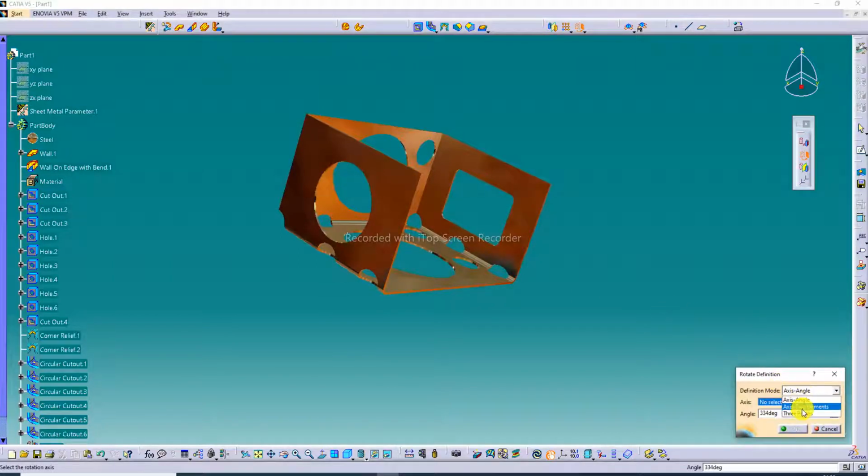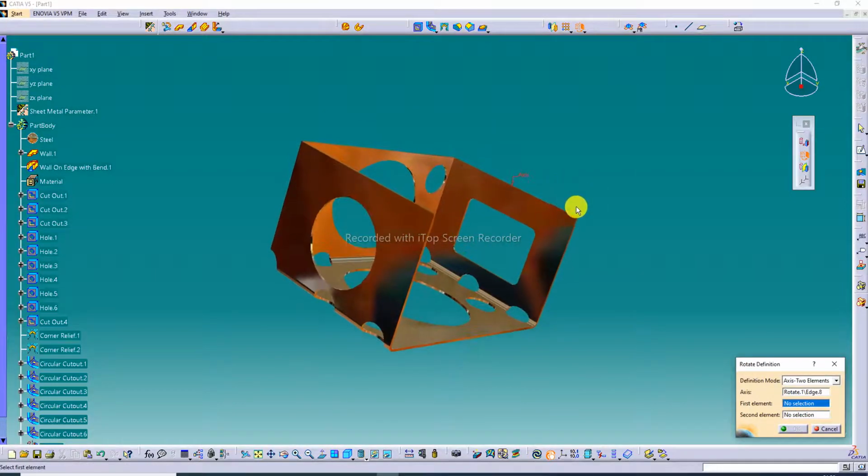Also, axis two elements means the first is the axis, this axis, and then the first element and the second element. This is the first element, this point, and the second element is also on this body.